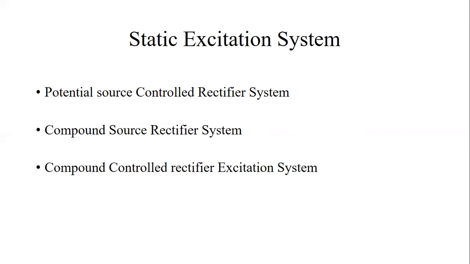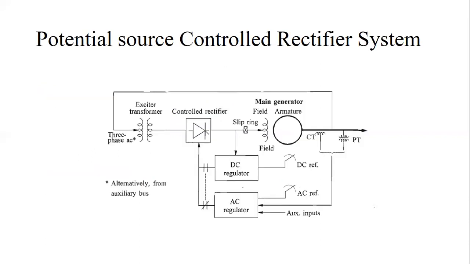Let's see first the potential source controlled rectifier system. In this system, the excitation power is supplied through a transformer from the generator terminals or the station's auxiliary bus and is regulated by a controlled rectifier, as shown in the schematic diagram of the potential source controlled rectifier system.